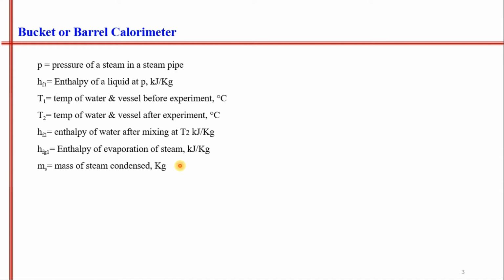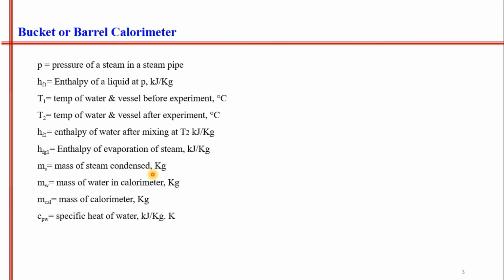After the experiment the steam sample is added inside the water, so from that we can find the mass of steam condensed. MW is the mass of water in the calorimeter, which we measure before the experiment. M calorimeter means the mass of the calorimeter.